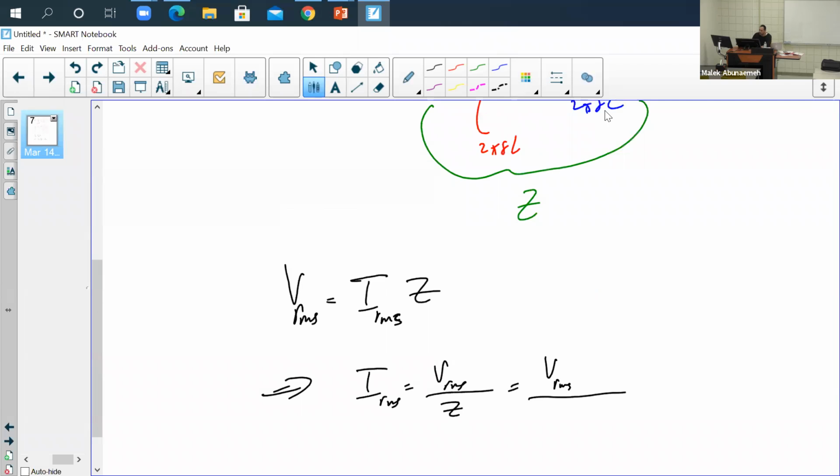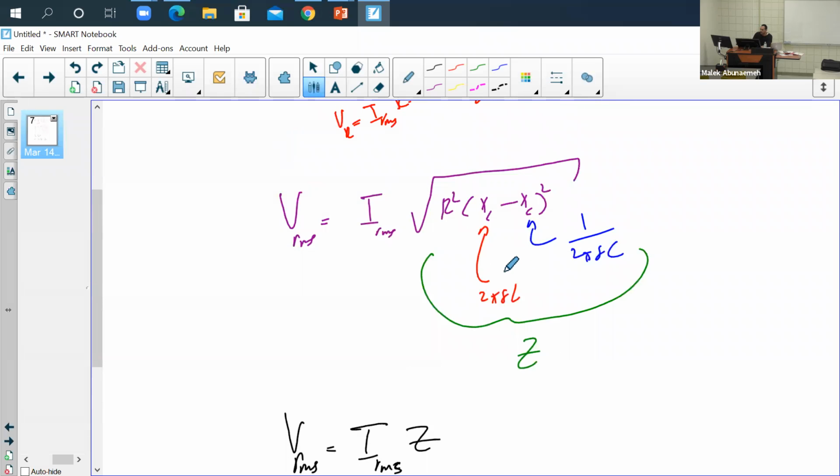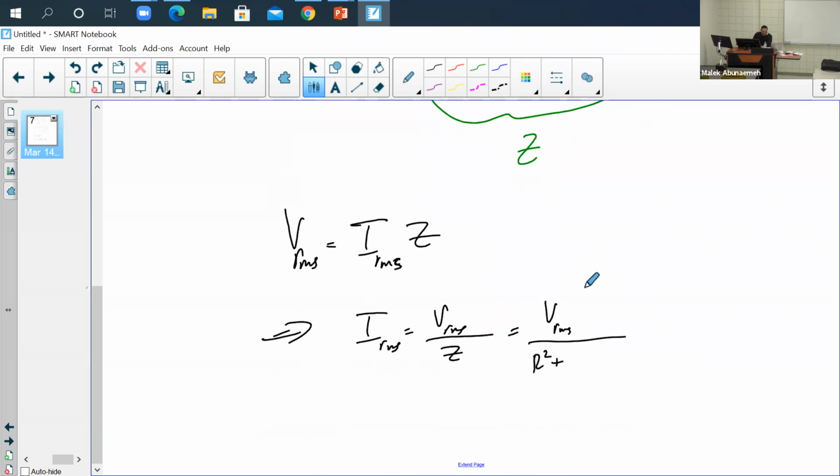It's right over here, so it'll be the square root of R squared plus (2 pi FL minus 1 over 2 pi FC) squared.